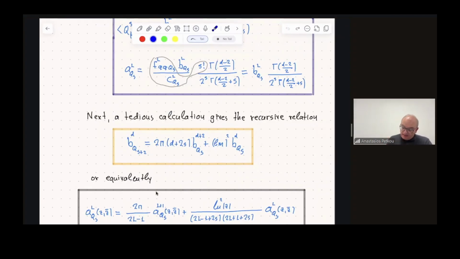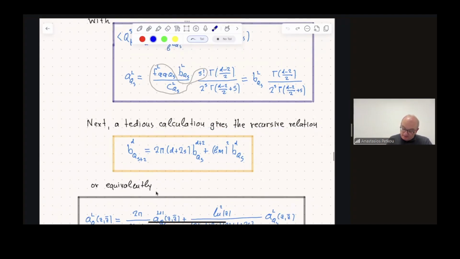Now, a tedious calculation gives a recursive relation. The thermal one-point function of a field with spin s plus 2 in d dimensions is related to the thermal one-point function of a field with spin s, but in d plus 2 dimensions, plus another one with spin s in d dimensions.